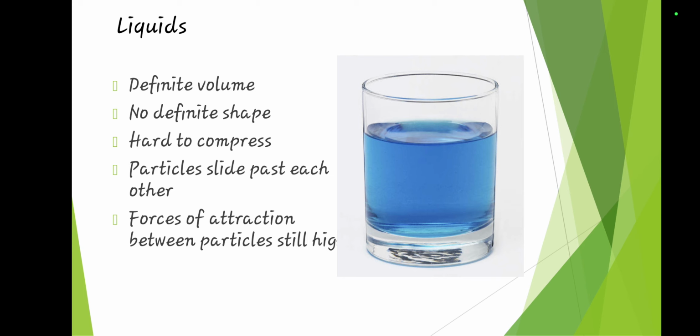We can easily describe the liquid if we put it in a container. Kung ilalagay natin siya sa container, that would be the description of the liquid. But in a word, liquid has no definite shape. It has a definite volume but no definite shape.